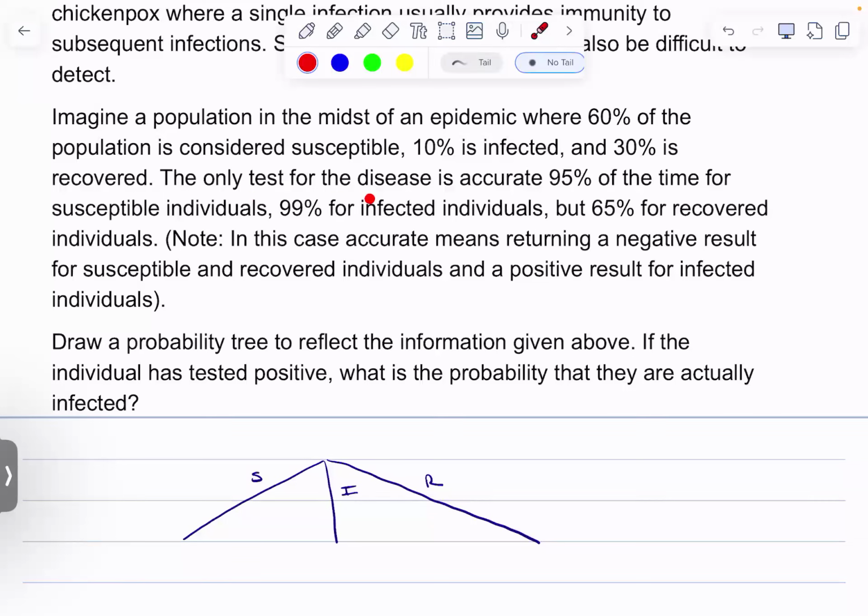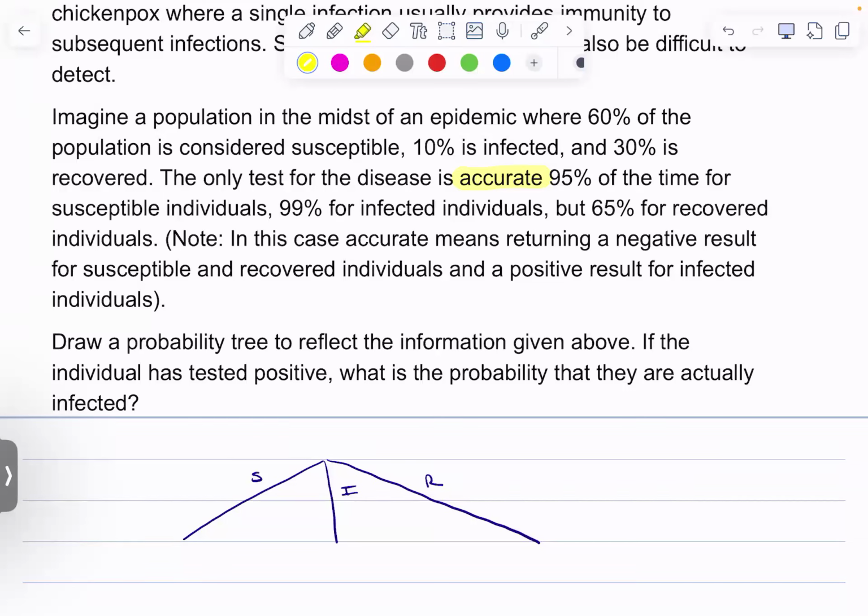So the only test for the disease is accurate 95% of the time for susceptible individuals. And so now, conditional on someone being susceptible, then it's going to be accurate, which we need to think about. What does it mean to be accurate if you are susceptible? Accurate would mean what? A negative test, right? A negative result.